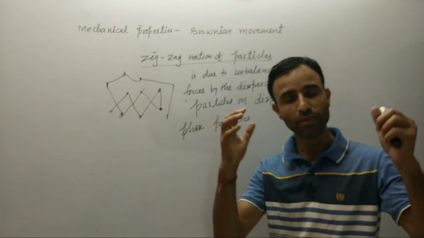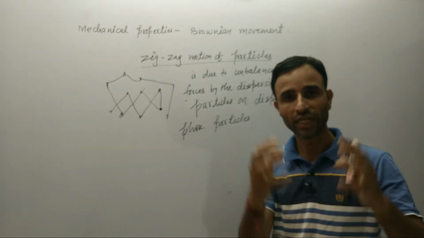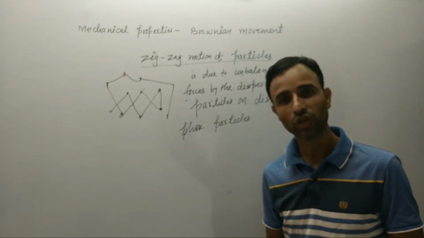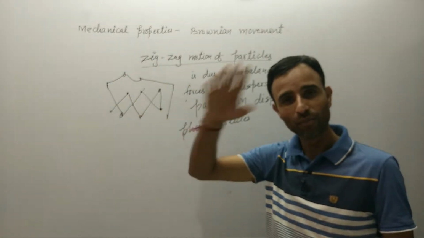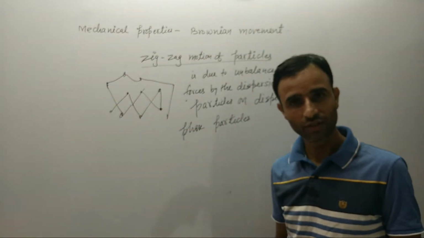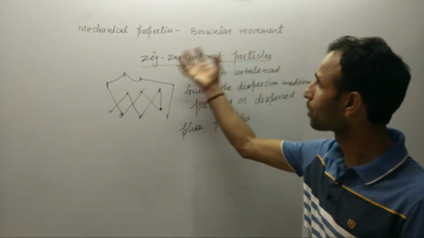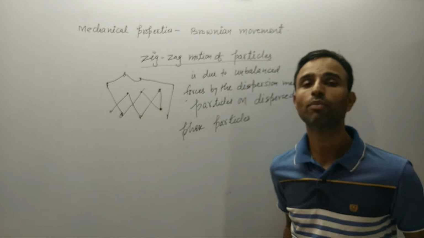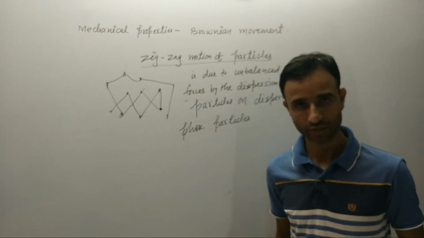Brown did the experiment on pollen grains. He was a botanist and he saw the zigzag motion of the particles, and that is the cause of Brownian movement. So colloidal particles do show the Brownian movement, right?